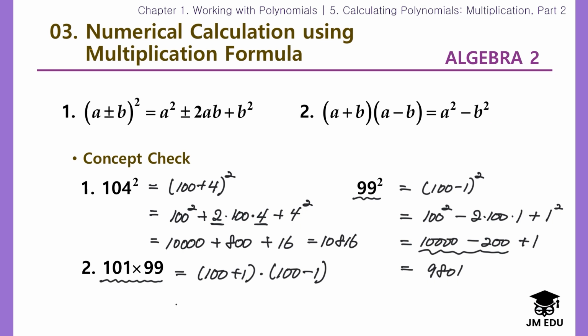So we can expand this using number 2 formula right here. 100 squared minus 1 squared. So 100 squared, 10,000. Minus 1 squared, 1. So that's going to be 9,999. Right?